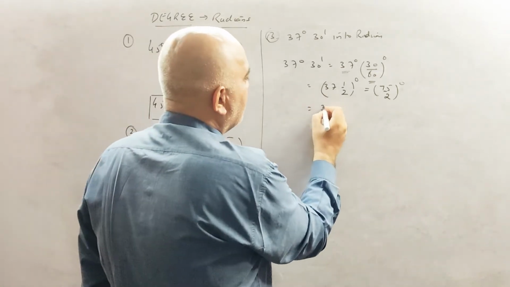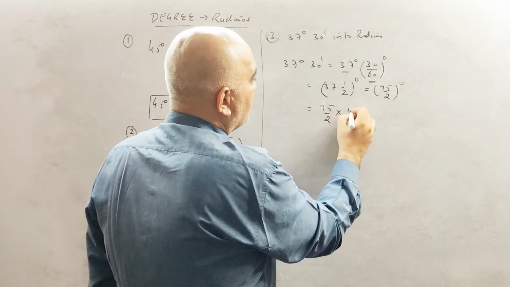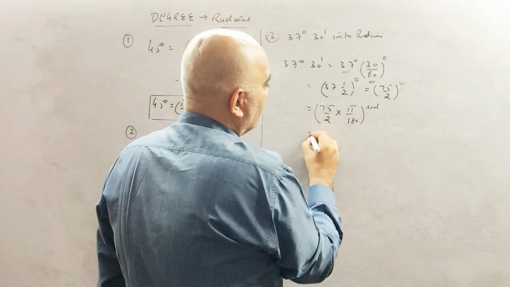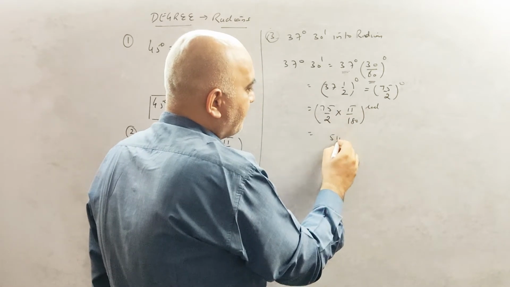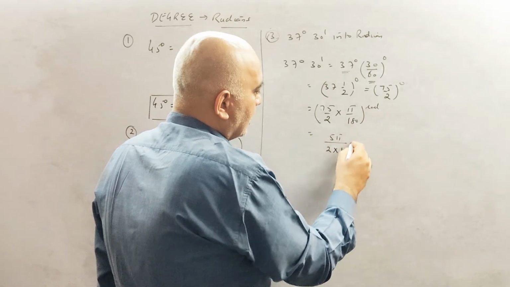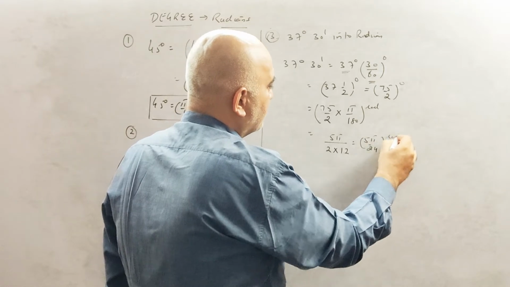And 75 upon 2, multiplying with pi upon 180, gives the radian measurement. You divide by 15, that is 5 pi upon 2 into 12, that is 5 pi upon 24. That is in terms of radians.